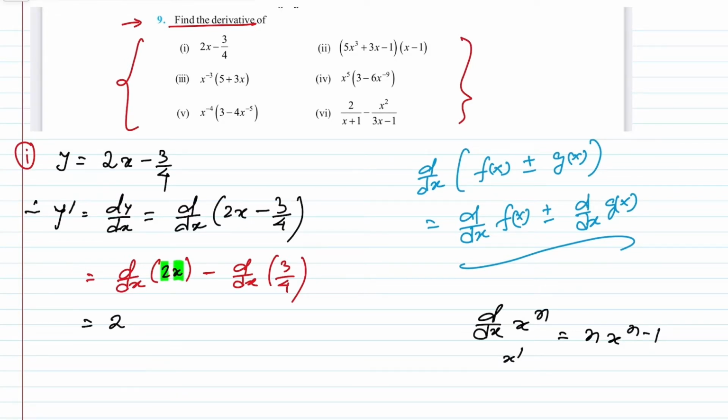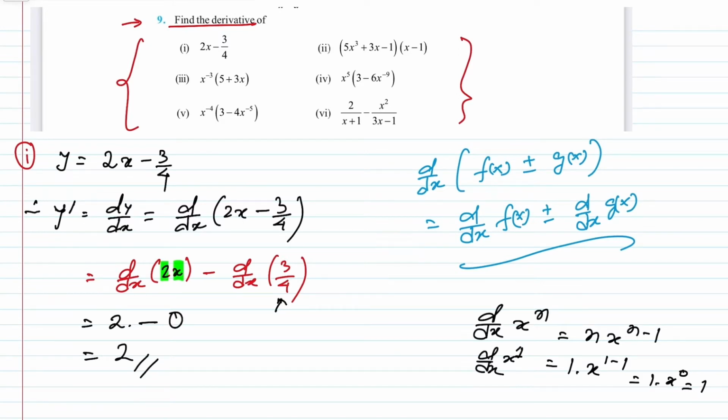Here we have x to the power 1, so it will be 1 into x to the power 1 minus 1, that is 1 into x to the power 0, which is going to be 1. So here you can write 2 minus, and derivative of constant is 0, so here is the answer 2.